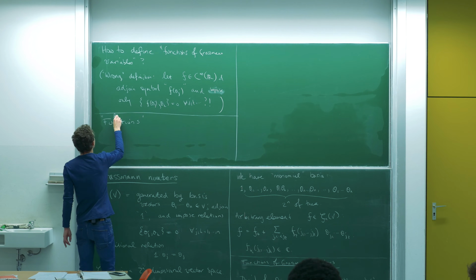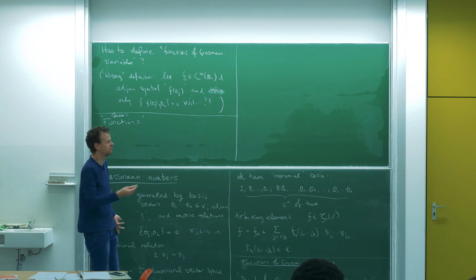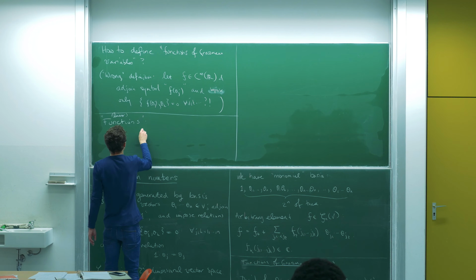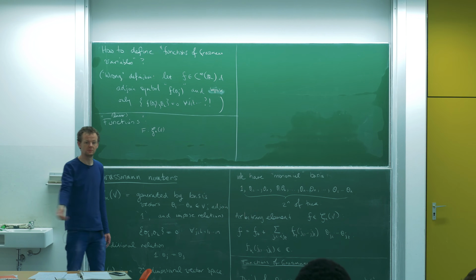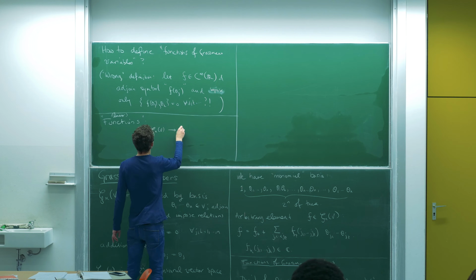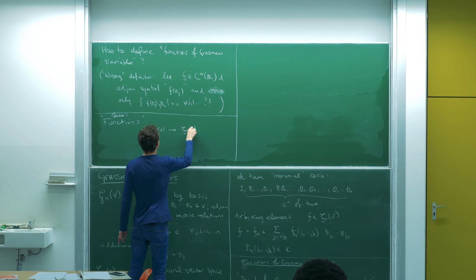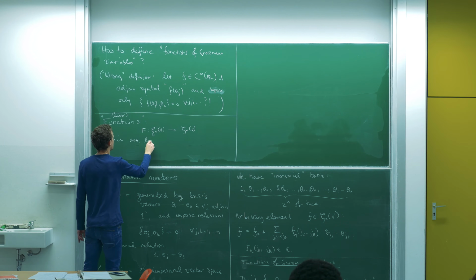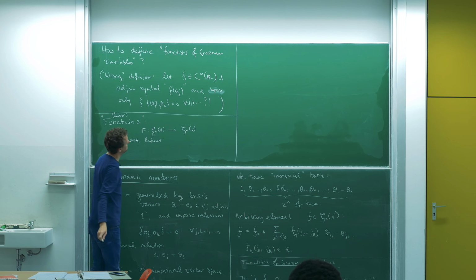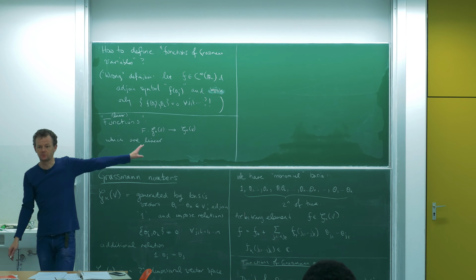So I'll start with linear functions. Linear functions, what are they? Well, they should take a Grassman variable and give us another Grassman variable. This is a pretty natural thing to want to impose.